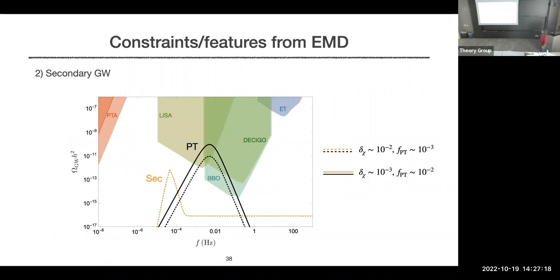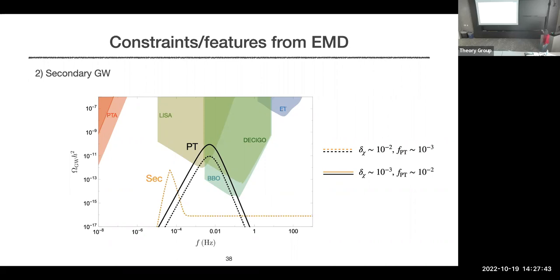In this plot, I have frequency on the x-axis and the gravitational wave energy density today on the y-axis. We saw that the phase transitions have this peak structure. The black curves show phase transition, the yellow line is the contribution from secondary gravitational waves, and here is the sensitivity of various future gravitational wave experiments.